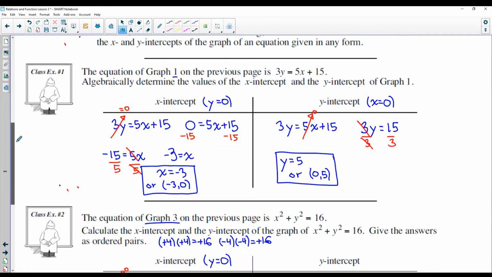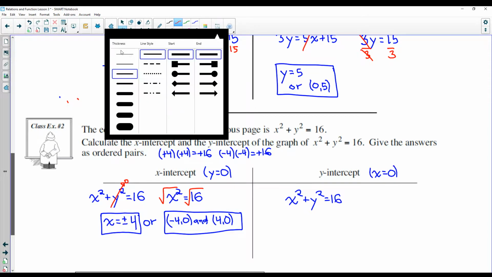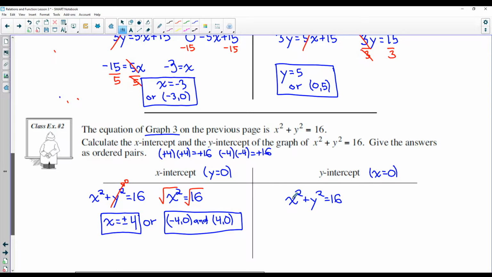Now, to get the y-intercepts, all y-intercepts would have an x coordinate value that's equal to 0. So we start off by writing down our equation, which is x squared plus y squared is equal to 16. And this time around, we're going to replace x with 0. So if x is 0, then that means x squared is 0. So I can get rid of that whole thing.